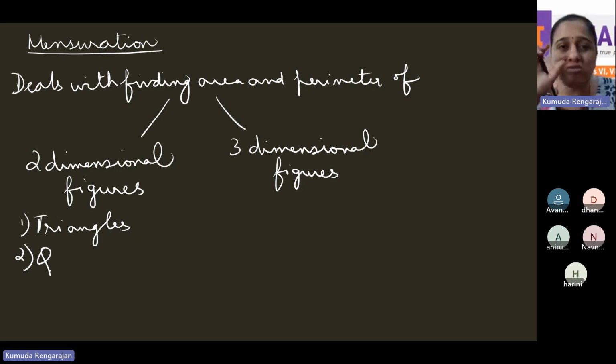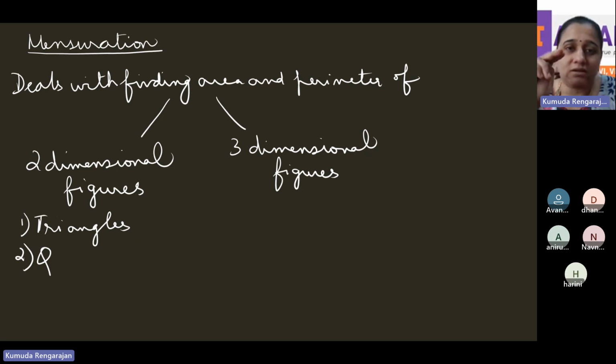So quadrilateral is not one figure. Quadrilateral is a name given to any polygon with four sides. A polygon is a closed figure. So a polygon with four sides is called a quadrilateral. A quadrilateral comprises all polygons with four sides.